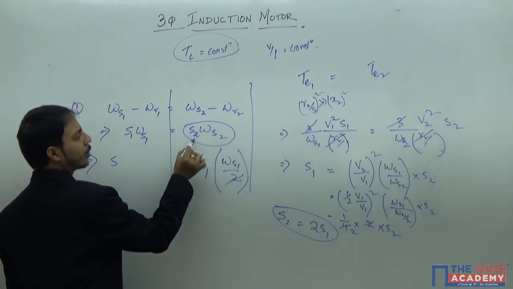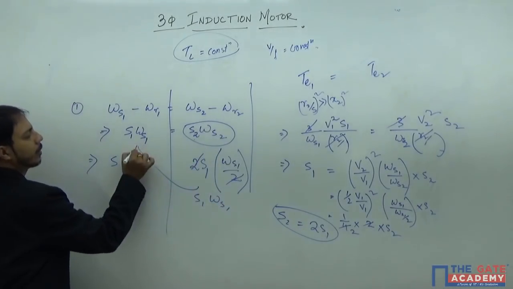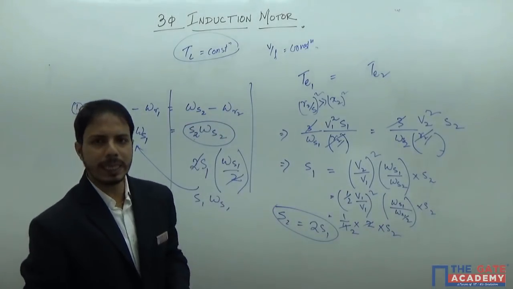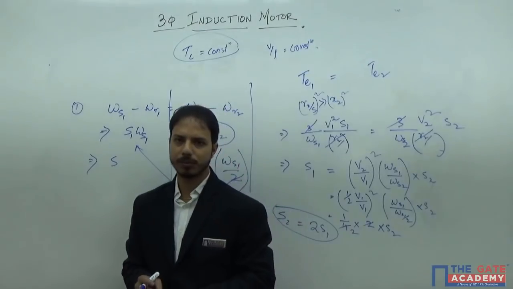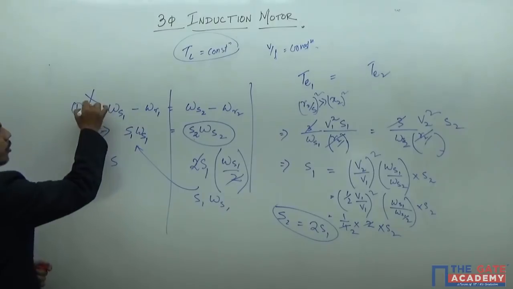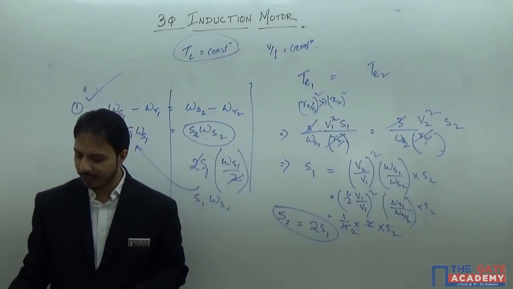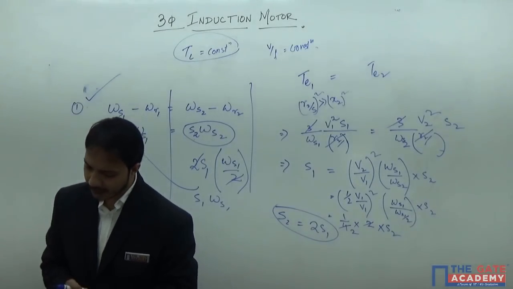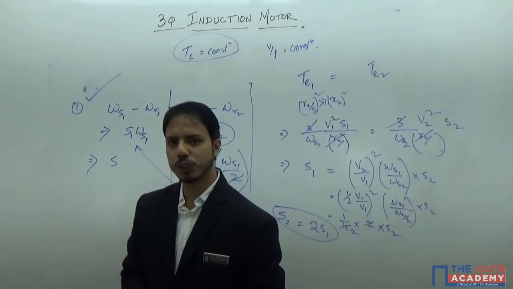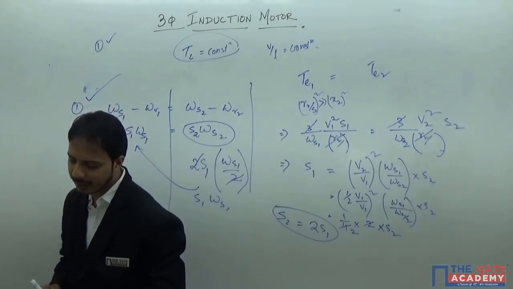So S2 omega S2 can be written as S1 omega S1. So you see the difference of the speed has not changed. The first statement says that the difference between synchronous speed and actual speed remains the same. So the first statement is true. One is correct. Let us see the second statement.